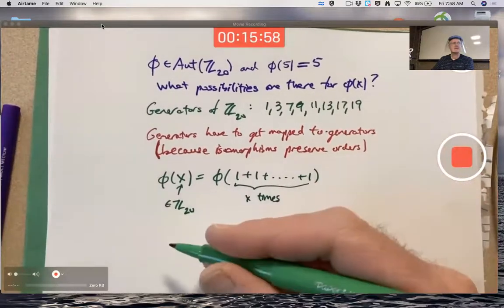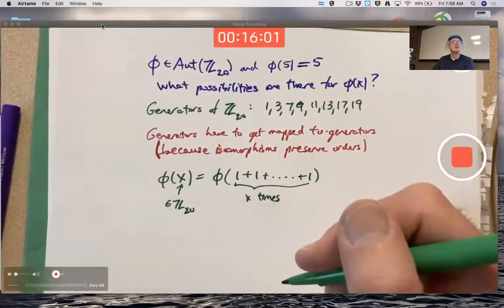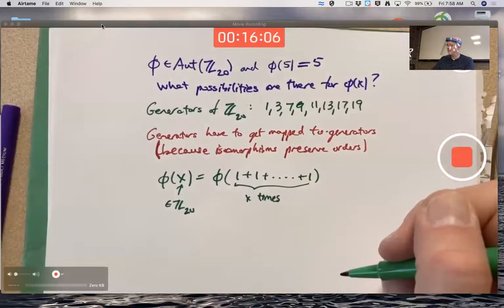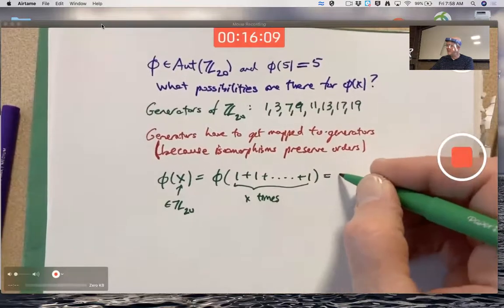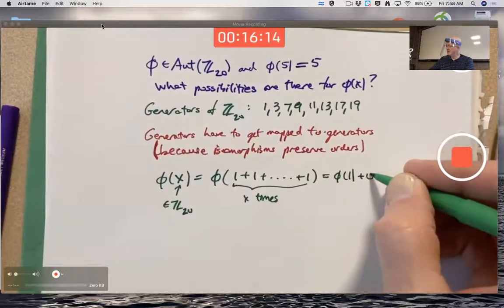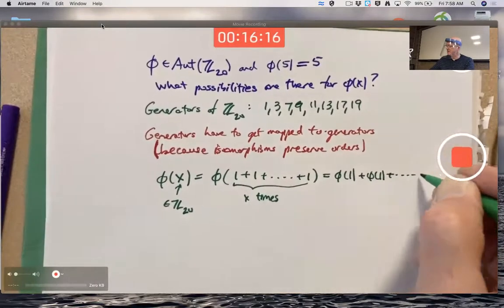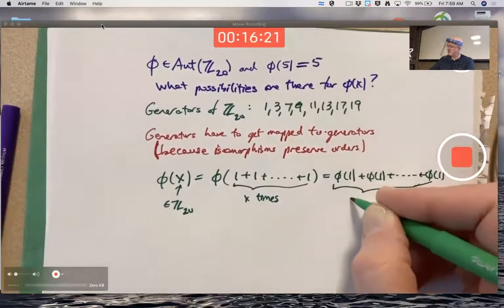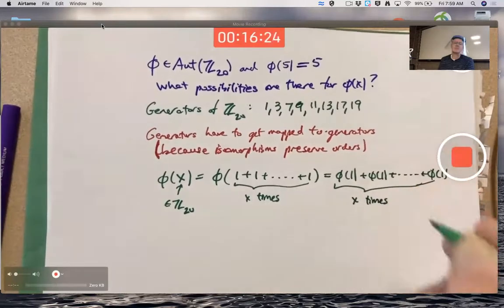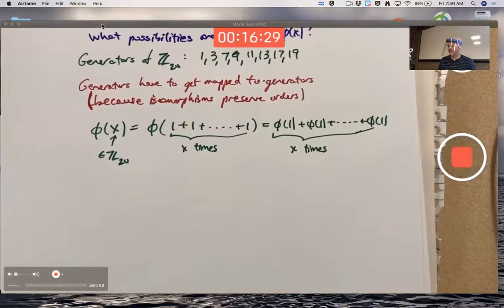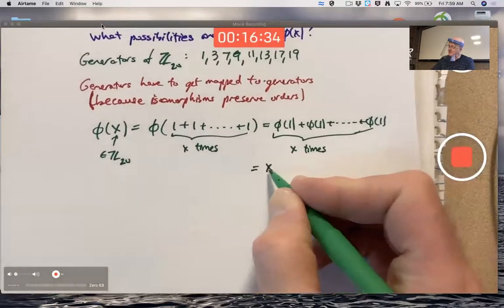Given an arbitrary x in Z20, like say 14 or something, 14 is 1 added to itself 14 times. Since phi is operation preserving, with respect to addition here, that will give you the same thing as phi of 1 plus phi of 1 plus phi of 1, etc. Also 14 times if x were 14, and in general x times. And that, because again, the operation is addition, is the same as x times phi of 1.